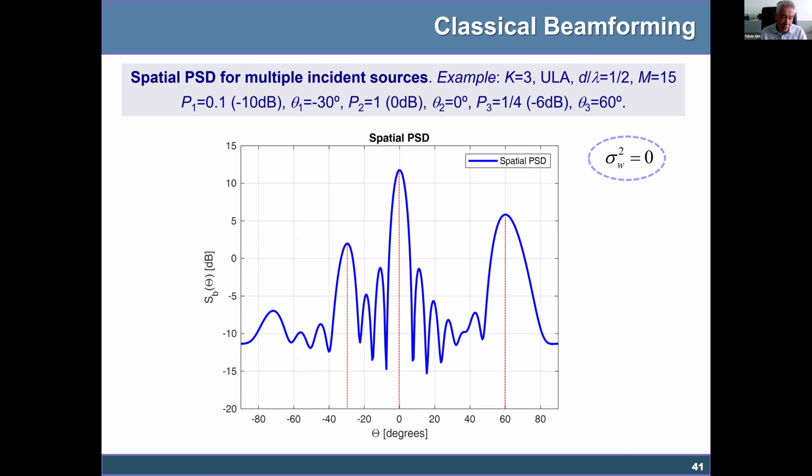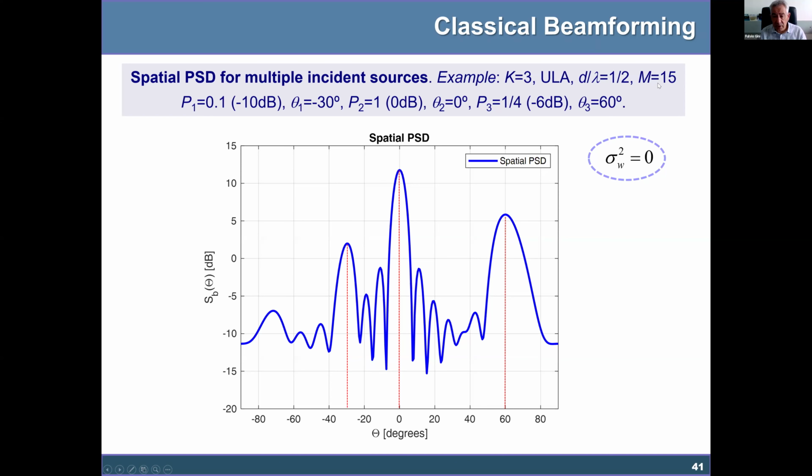So this is the true spatial power spectral density obtained by the classical beamformer. Here we assume that the noise power is 0, but it does not change the shape because it's just a constant term. There are 3 sources. The array is ULA.